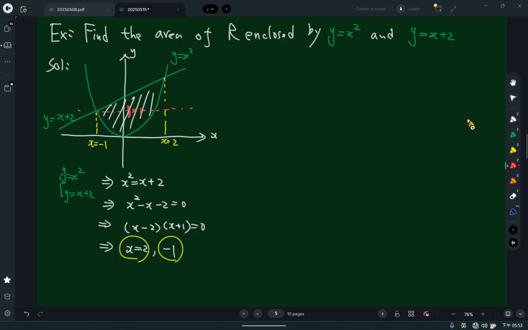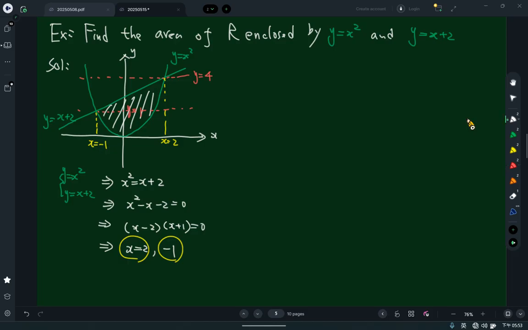Then you can also get this point is y is equal to 4, right? Because you can just use x is 2 and say the height is 4.